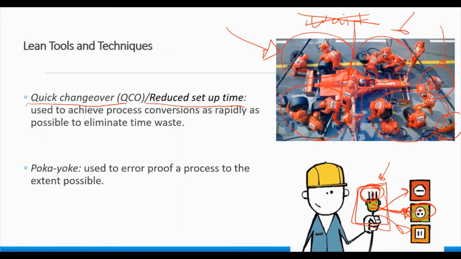Besides the holes being for a particular plug, it's also color coordinated. Another example: if you go to the gas station and you by mistake go to the diesel pump when you should be using normal gas, the diesel hose will not fit into your car.